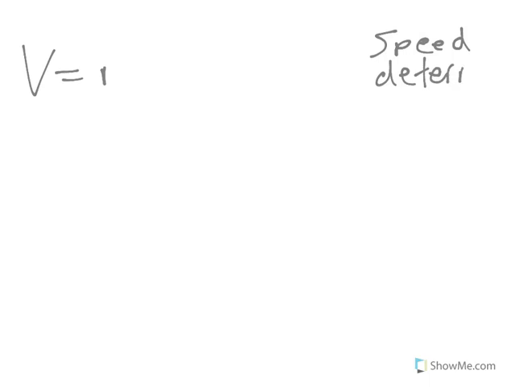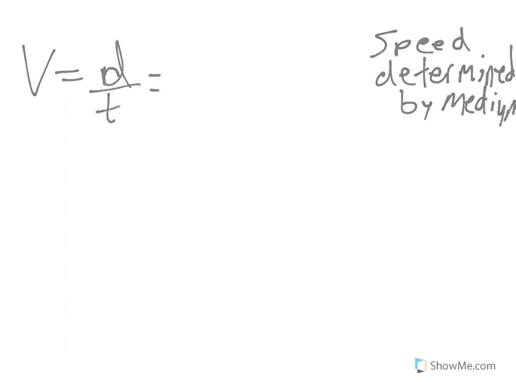Next thing we need to know is the speed of a wave is determined by the medium. And we need to know how to calculate the speed. Well, the formula for speed is d over t. The distance for a wave would be a wavelength, and the time would be the period.